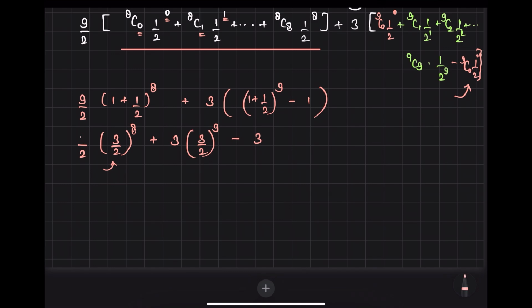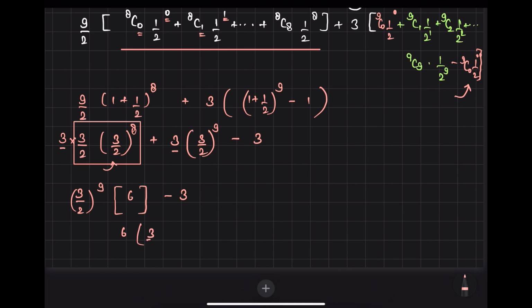Can I write this 9 as 3 into 3? Okay, so these two things will get clubbed and will produce 3 power 3 by 2 power 9, and we can take the thing common. So we have 3 by 2 power 9 common, and then we are left with 3 plus 3, that is 6, minus 3. Okay, so according to me, the answer is 6 times 3 by 2 power 9 minus 3.